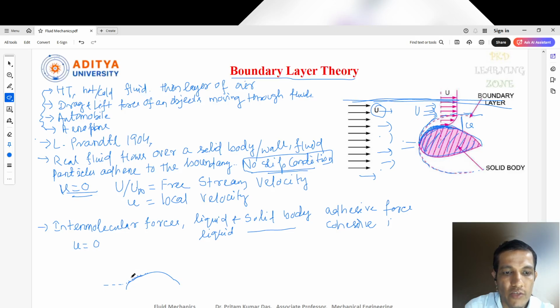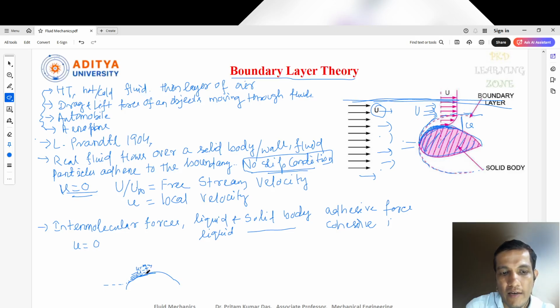Now if you come to the next layer, slowly the effect of the boundary is reduced, so we get some increment in the velocity. Here if you get u equal to 0, then the next layer will get a velocity of 1 meter per second maybe, then 1.5 meter per second or 2 meter per second. So slowly we can see the velocity of the fluid increases.